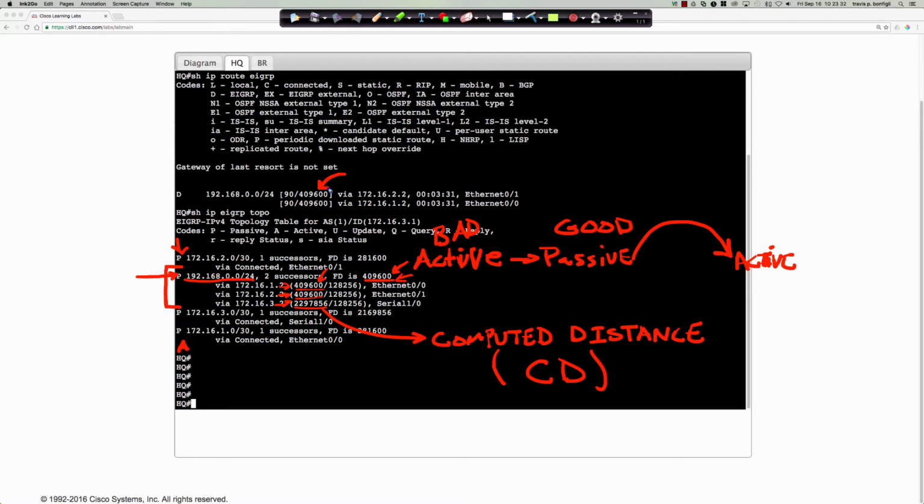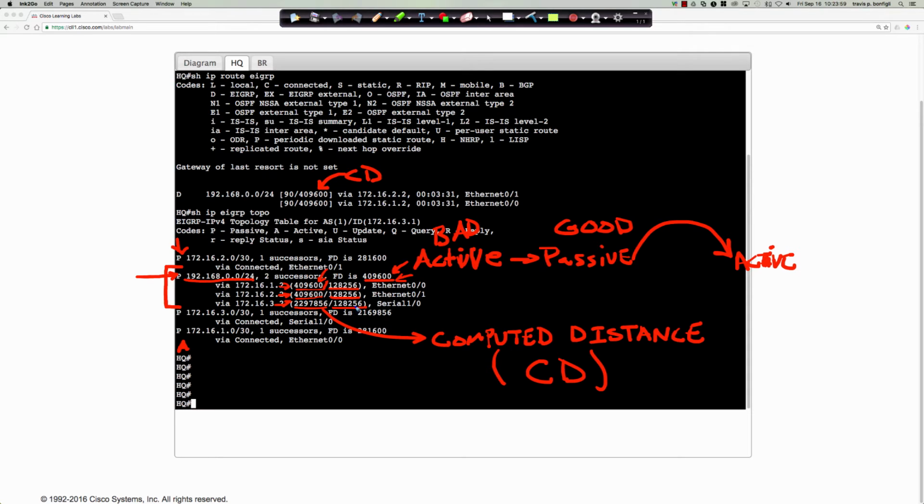This is not the feasible distance. That is the computed distance. Okay, and so the first value in the parentheses here is the computed distance. Then we have the forward slash. Then we have the reported distance, right?